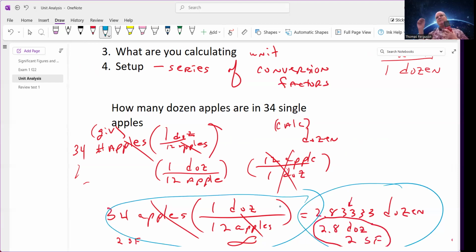A lot of people put the whole number in anyway. Is it okay if we do? Oh, for sure. If you put the whole number down and you make an error converting to 2 sig figs, I'll give you credit for that.